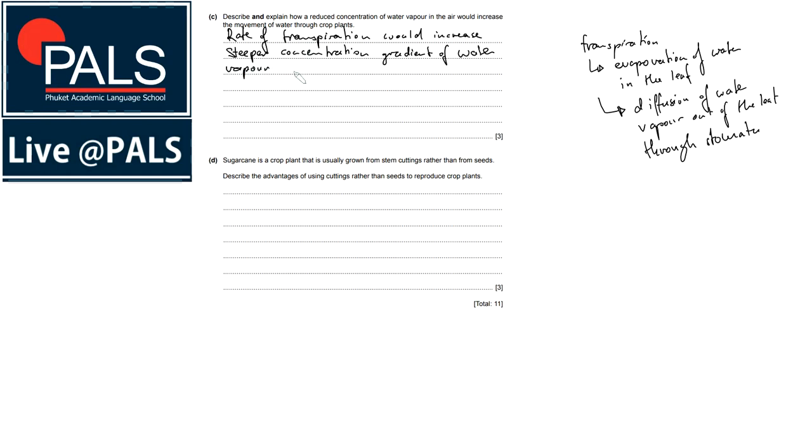There's a steeper concentration gradient of water vapor outside, which is very low.